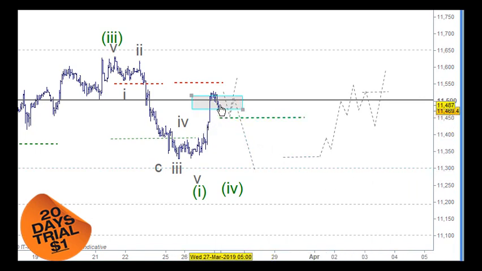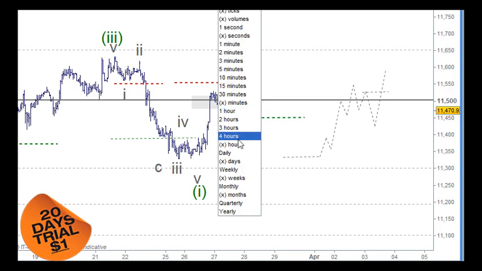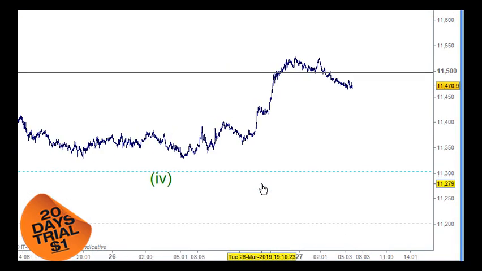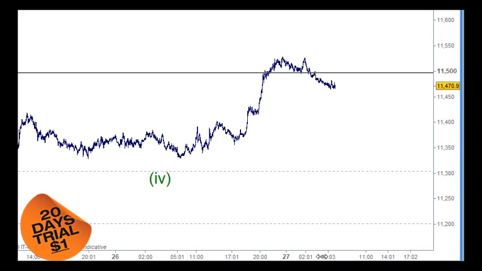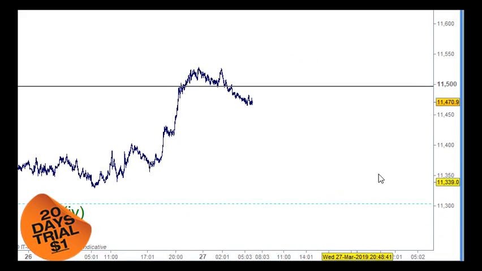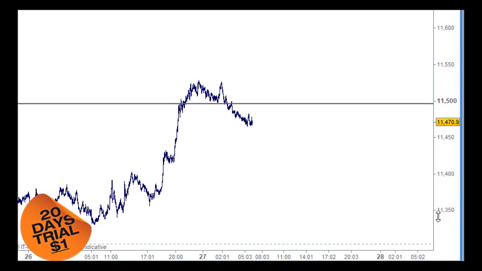So what we want here is this to move down through here, and then we need to see that retest come back in here. So on the tick chart we've got 1, 2, 3, 4, 5 here.